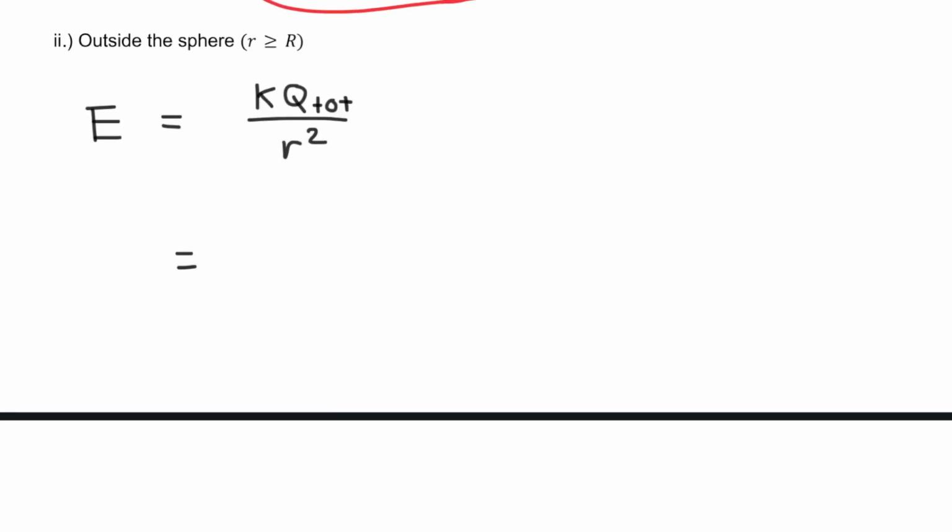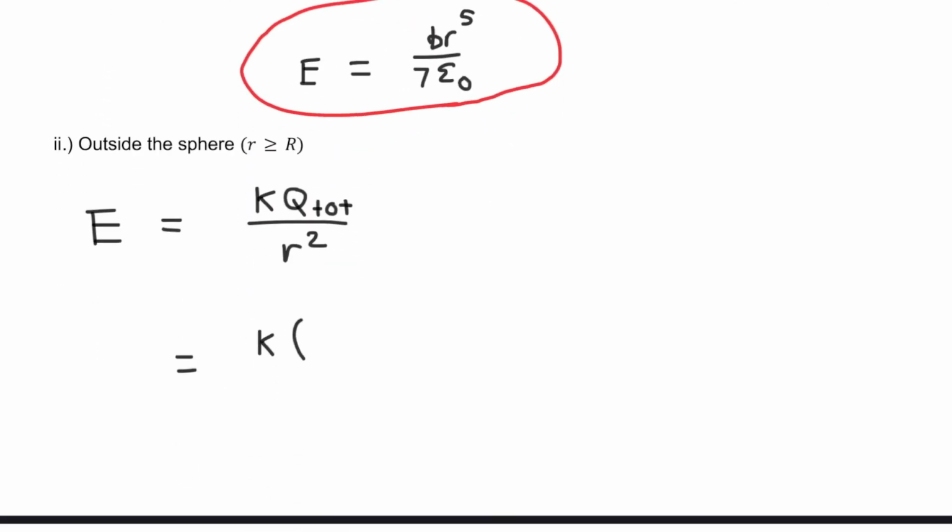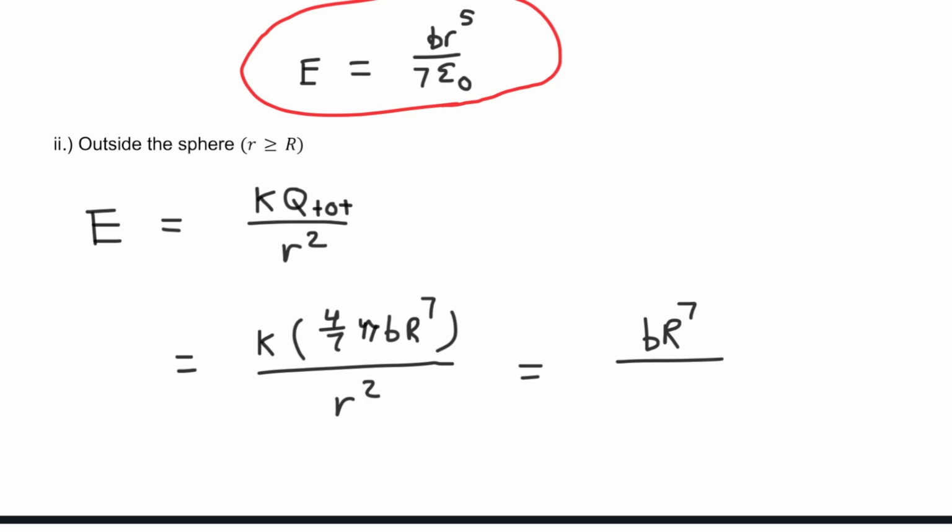And then our expression for Q total was 4/7 pi b big R to the 7th divided by little r squared. If I were to simplify this in terms of epsilon naught, I would get b big R to the 7th divided by 7 epsilon naught little r squared. So it is inverse square, because that big R to the 7th is a constant.